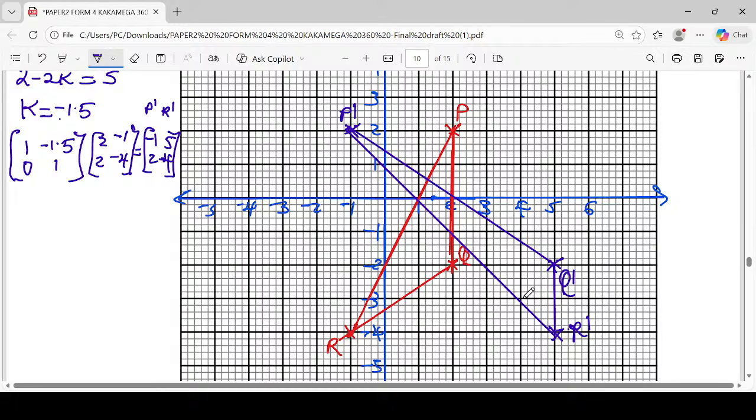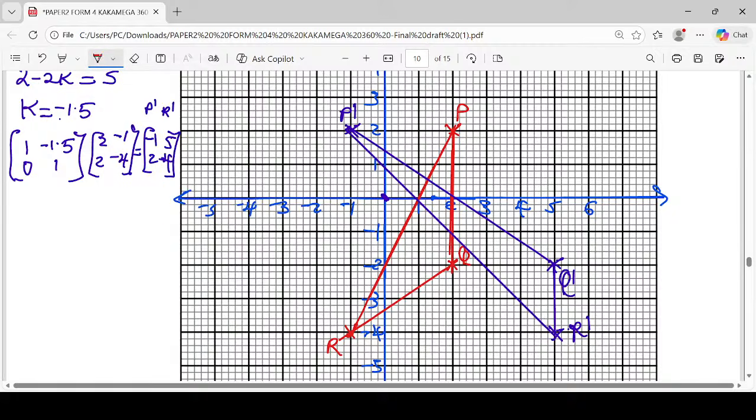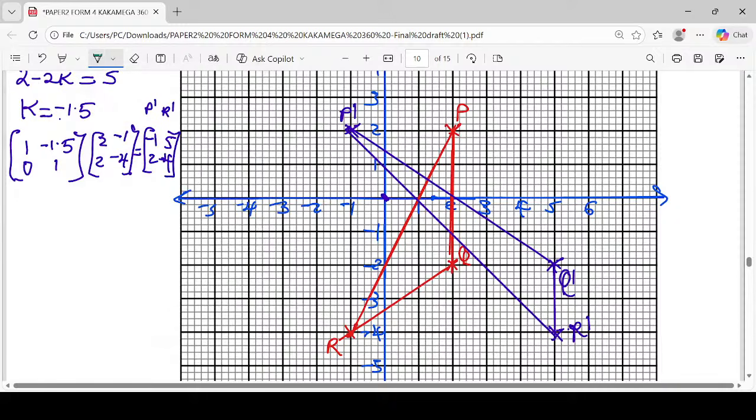Mapping this one, from the origin here, when we rotate this one here, you need to be very keen. Rotation of 180 degrees. Let me get a different ink. This time I use a green pen. If P prime was negative 1, 2, then P double prime will be 2, negative 1? Not really.